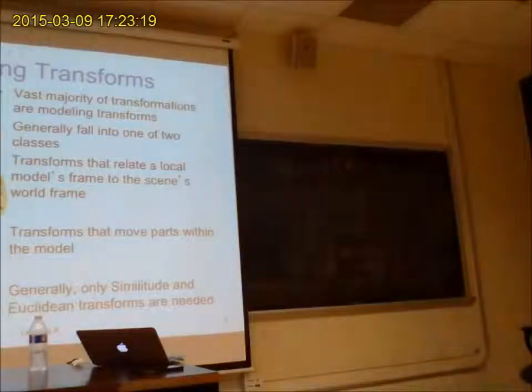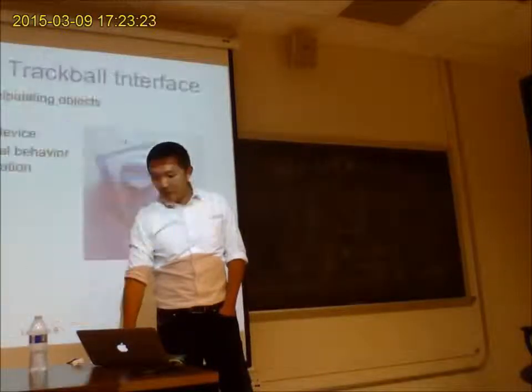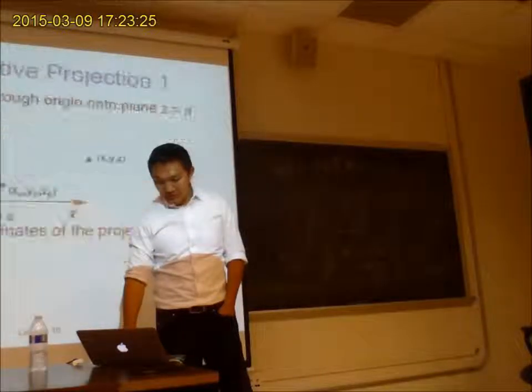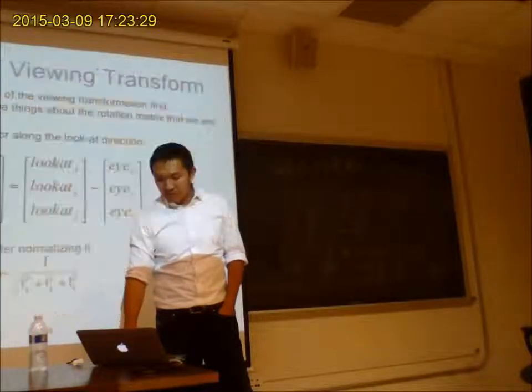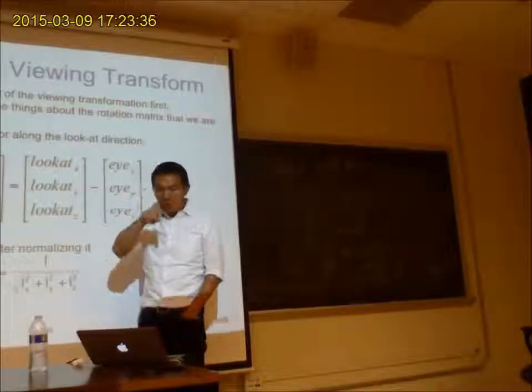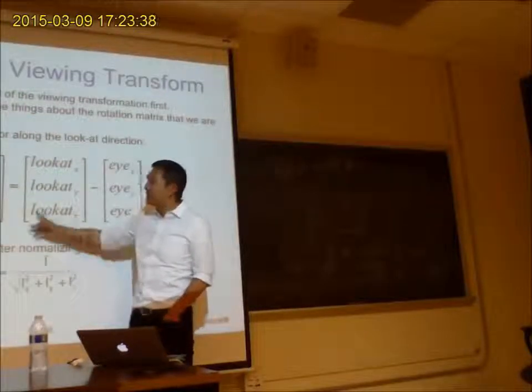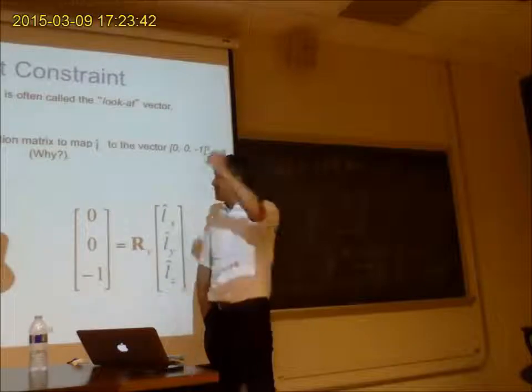I'm not going through all these slides. You can go back and watch these slides yourself. Again, the steps are as follows. Step 1, you know where you look at, and you normalize it. Step 2, you know where the sky is.